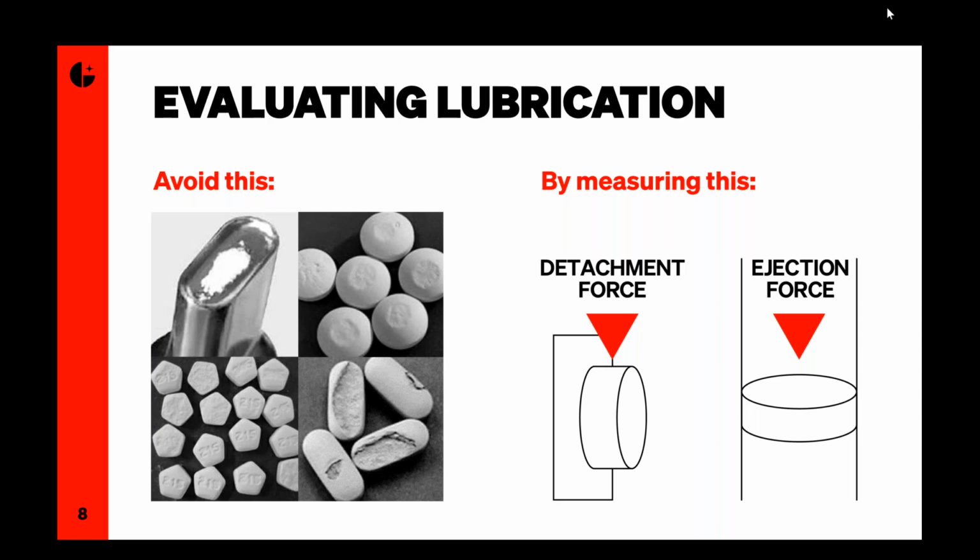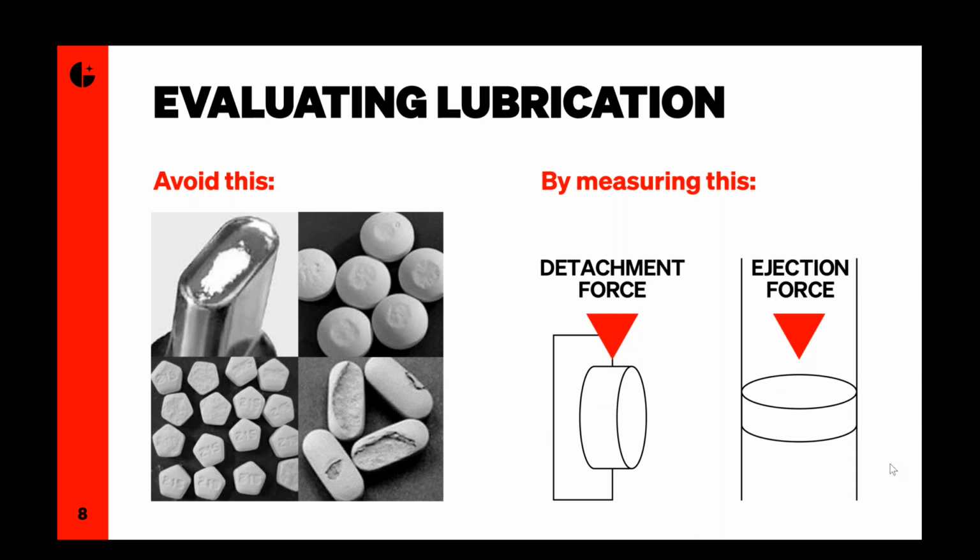And we do this by measuring essentially how difficult it is to get the tablet out of the die after it's been compacted. When the tablet is first compacted, it will be pushed up against the base of the die, and it will be stuck to the base of the die. We first measure the force that it takes to detach the base of the tablet from the base of the die.